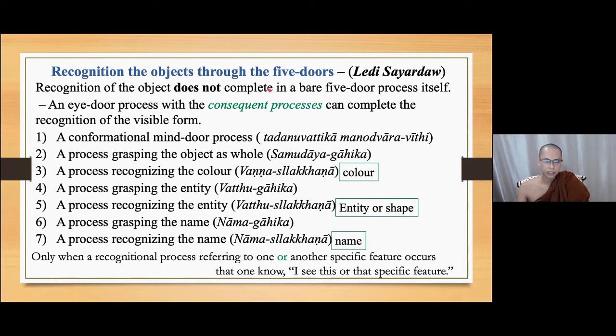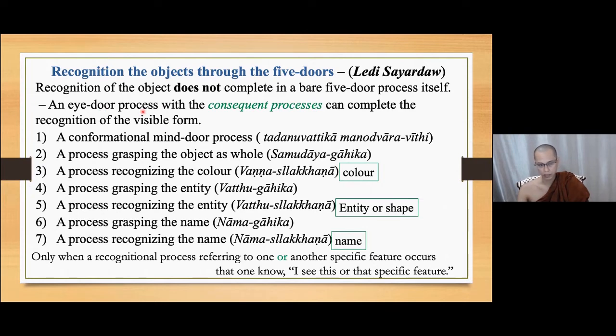So here, hearing is performed by the consciousness of the 5 doors, but it does not accomplish the recognition. To say that I know through something like this, we need the process of recognition. That is why the consequent process makes the accomplishment of the recognition after the arising of each 5 door process.